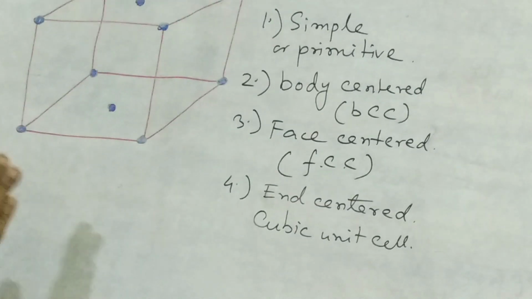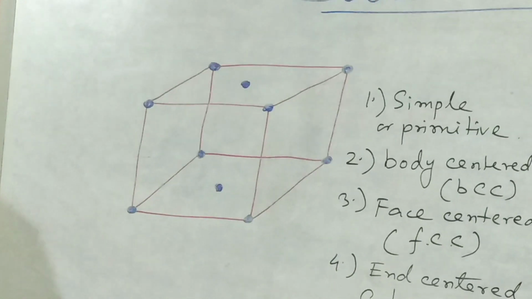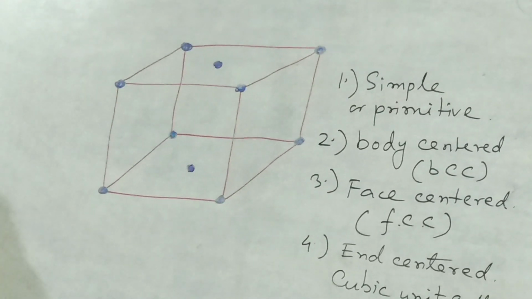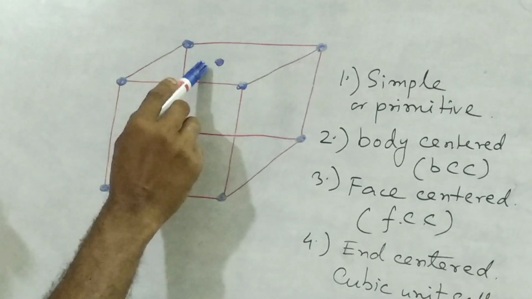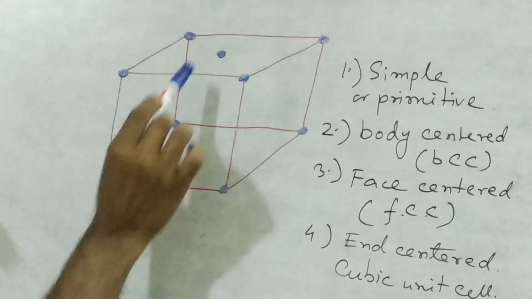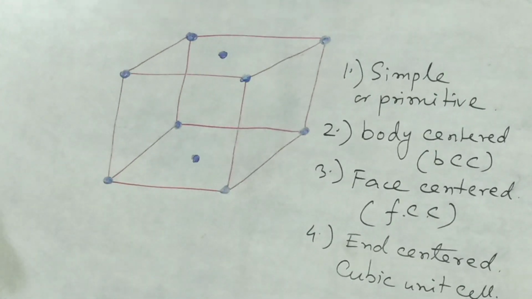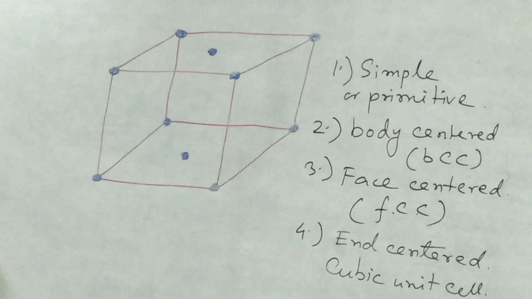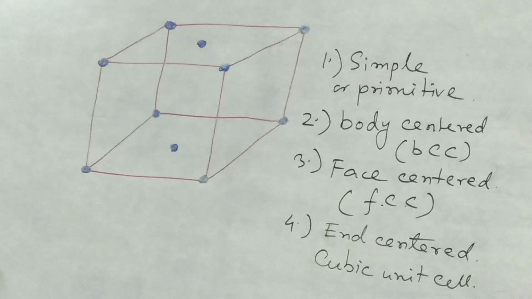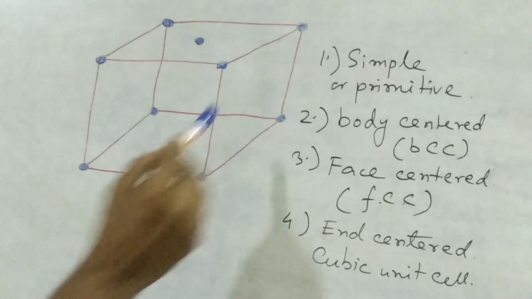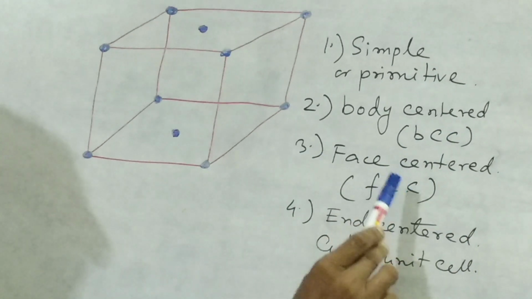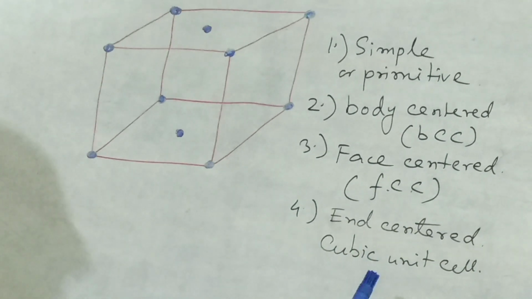There are 8 particles at the 8 corners, and at any two opposite faces, either these two or these two, there are 2 particles at the center of each face. This is called end-centered cubic unit cell. So we have learnt the 4 types of unit cells: simple or primitive unit cell, body-centered cubic unit cell, face-centered cubic unit cell, and end-centered cubic unit cell.